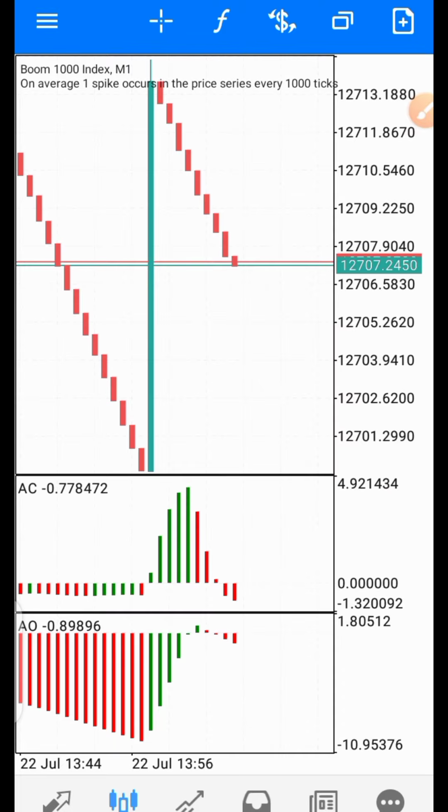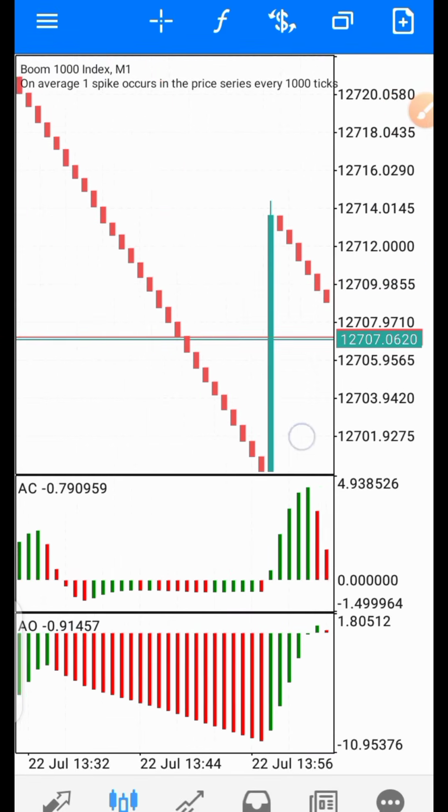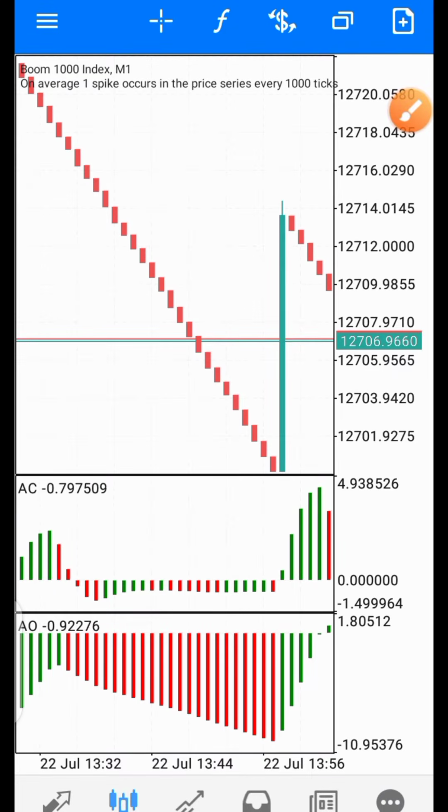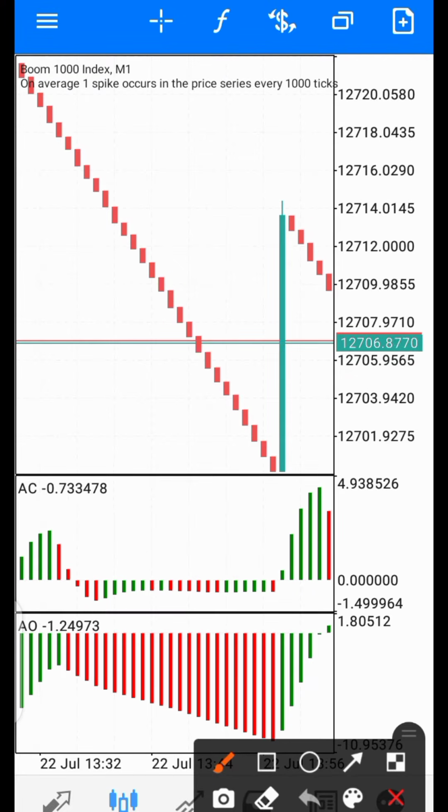One candle, $1. That's why I use 1.5 lot on Boom 1000 or Crash 1000. If you are trading the 500 markets, Boom 500 or Crash 500, you can use only one lot or 0.8. Use 0.5 on Boom 300 and Crash 300. The 300 markets have higher volatility than the other markets, so the amount per pip is more than on Boom 1000 and Crash 1000.